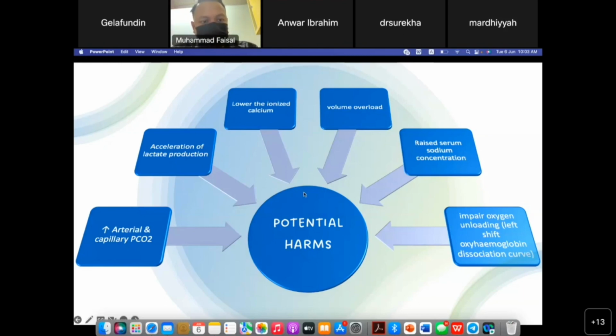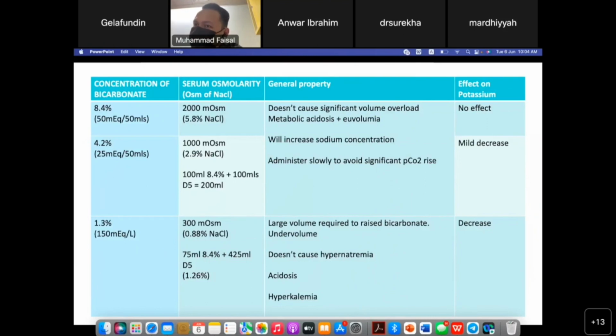However, it is said that you can decrease these potential harms by giving a less hypertonic solution and by giving it at a slower rate, so you lessen the effect of sodium bicarb on the patient. The bicarb concentration we have in the ED is usually 8.4%.